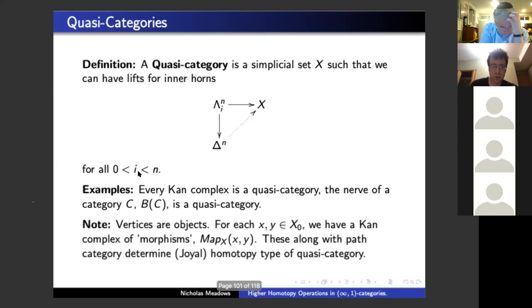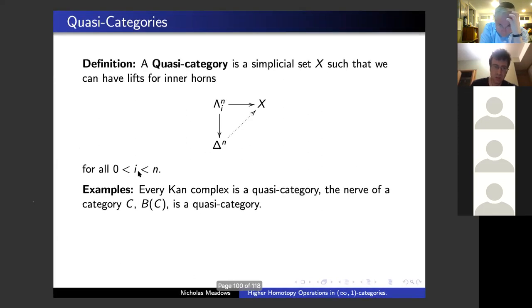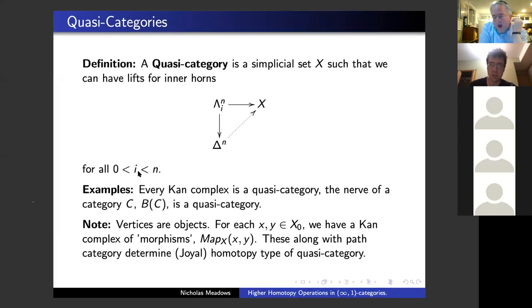We think of the vertices of the quasi-category as objects. And for each pair of vertices, we have a Kan complex of morphisms. And in the Joyal model structure, the homotopy type of the quasi-category is determined by its path category and these Kan complexes of morphisms, which play the same role that the simplicial enrichment does.